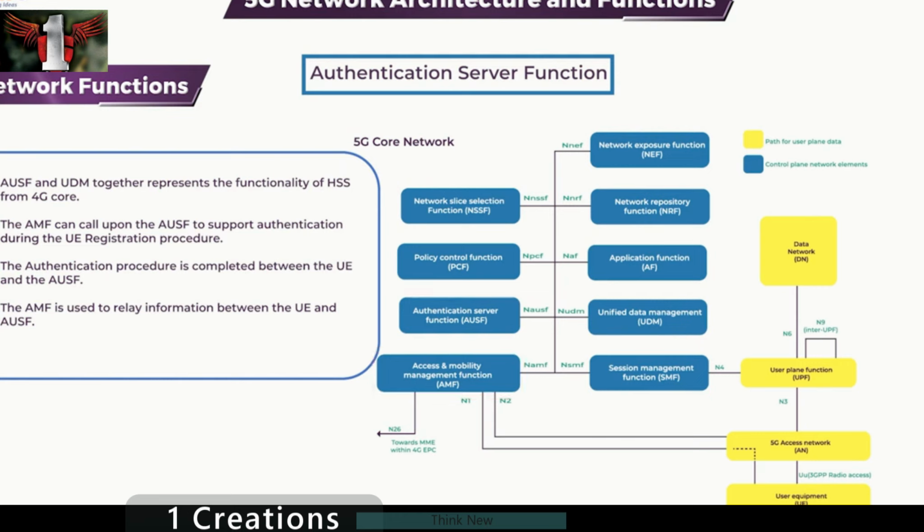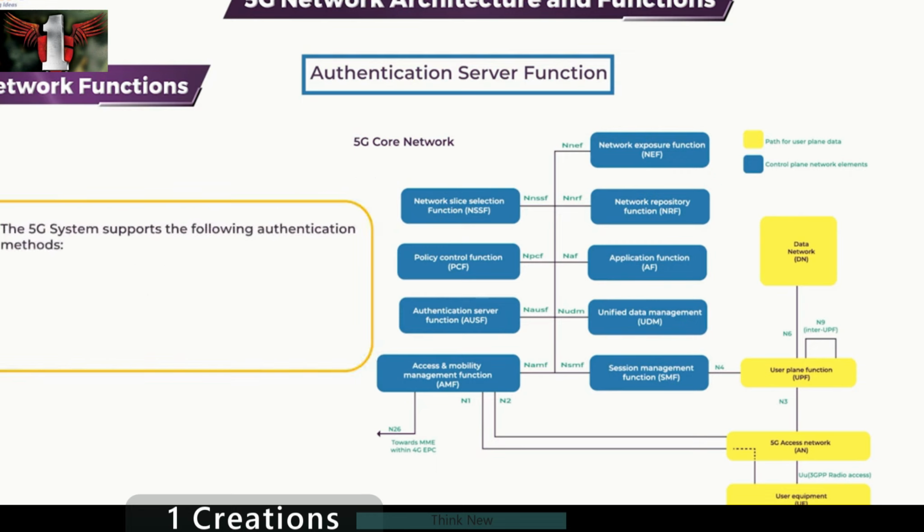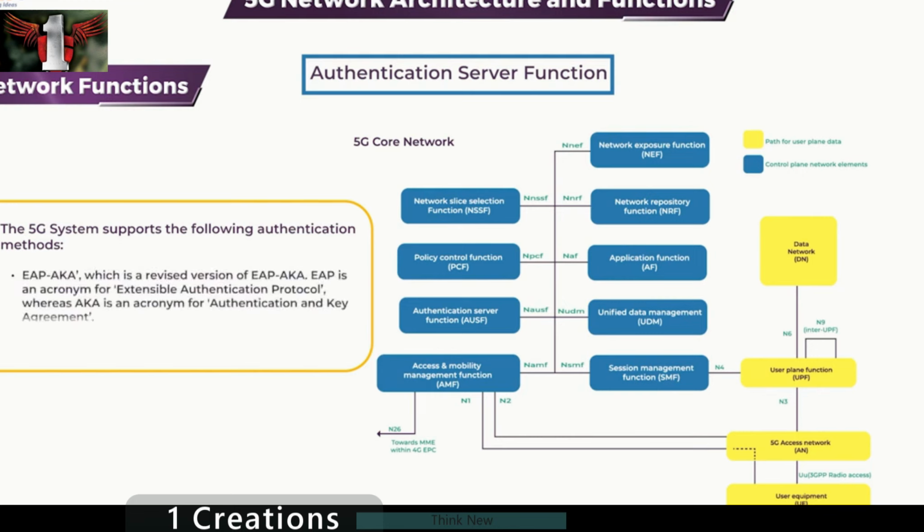The AMF uses non-access stratum signaling towards the UE. Authentication is categorized as a mobility management NAS procedure. The 5G system supports the following authentication methods: EAP-AKA', which is a revised version of EAP-AKA.